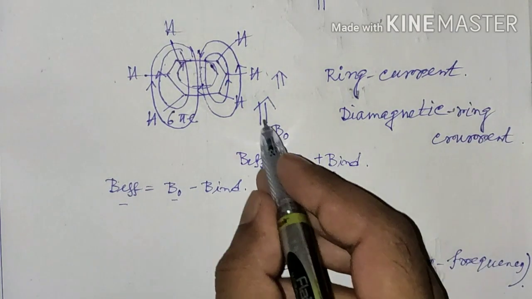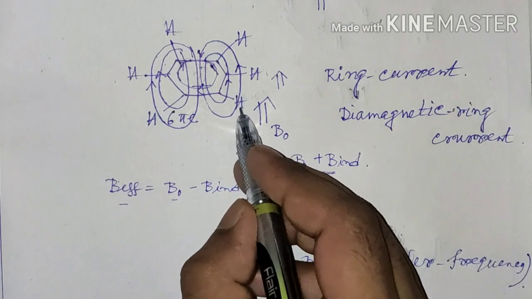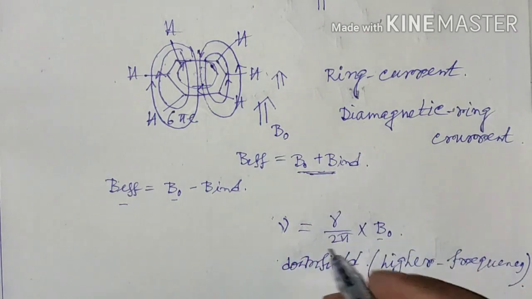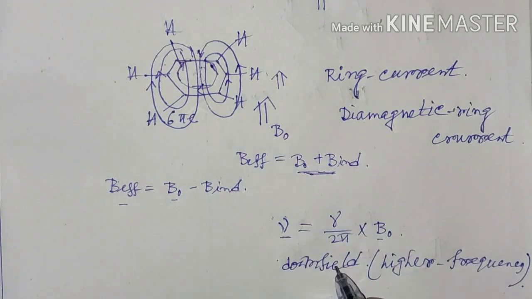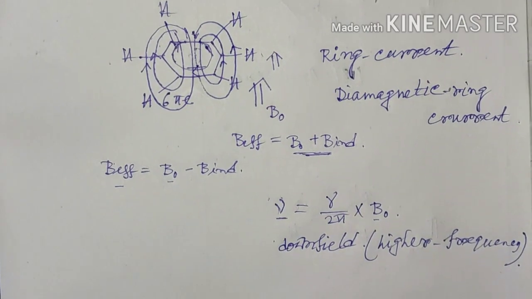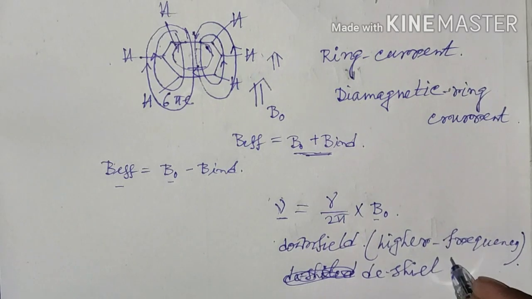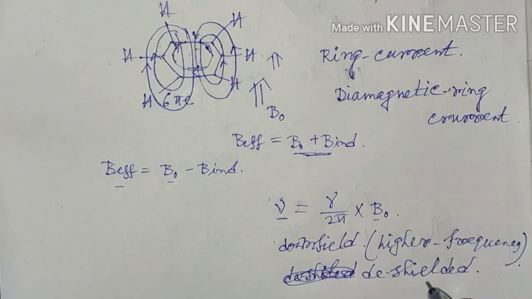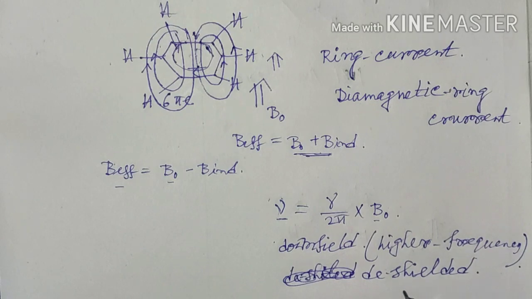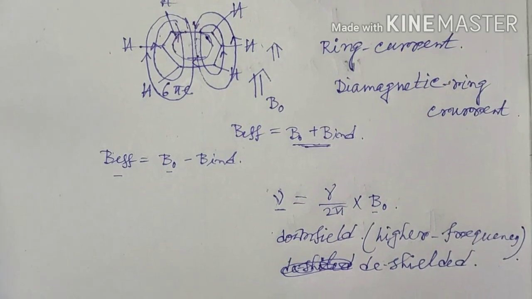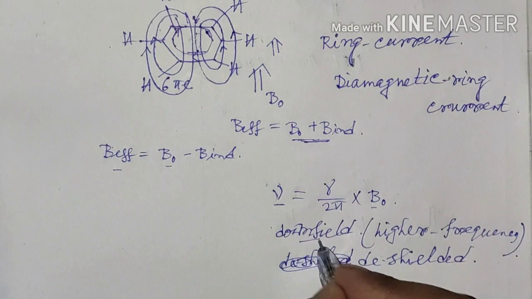Since the effective magnetic field experienced by the outer nuclei is greater, the resonance frequency will be higher, and in other terms we can say that the outer protons are deshielded. Deshielded means the proton resonates at higher frequency, that is, downfield.